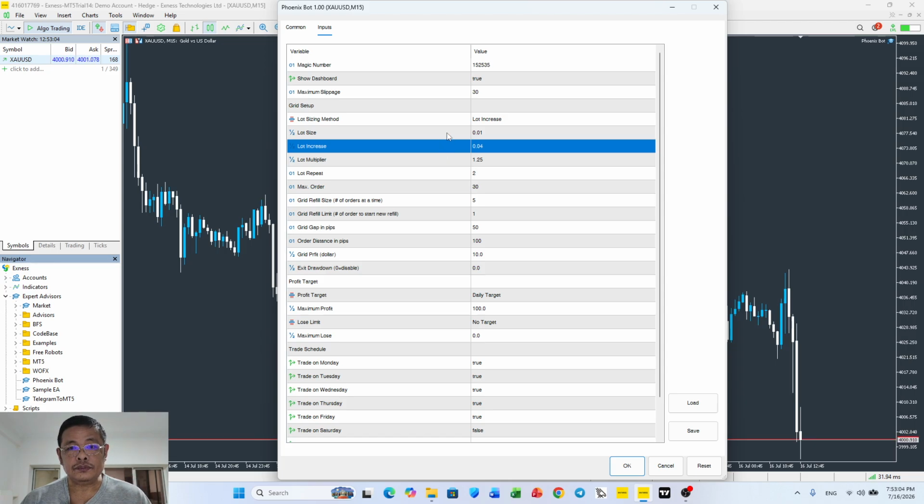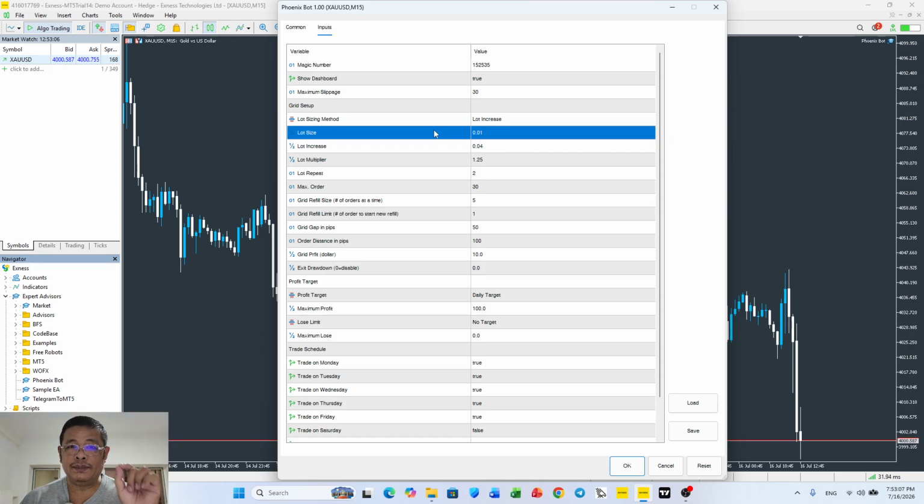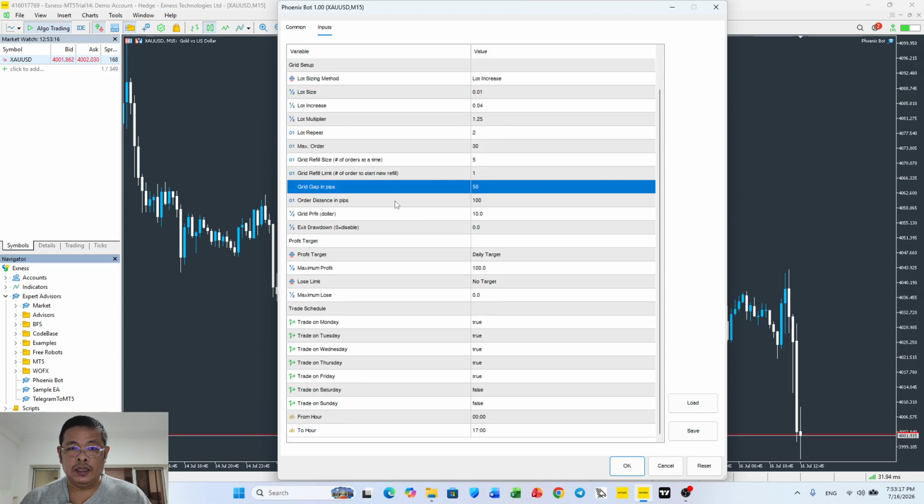So the number one rule in settings, you must think about the grid setup. Besides the lot size, the grid gap and order system also affect how the EA will perform.